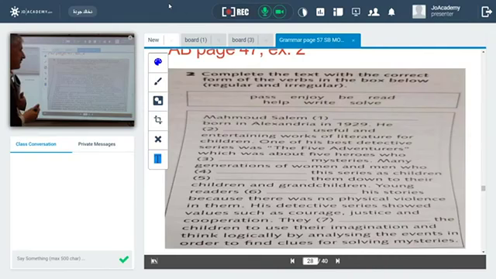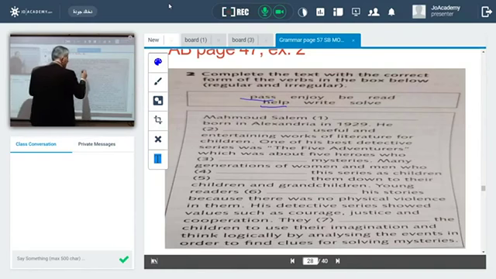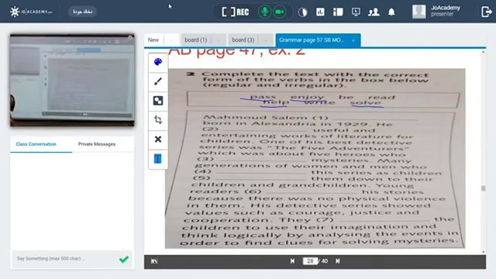Right. This is regular, this is regular, and this is regular, and this is regular. So we have 4 regular verbs and 3 irregular verbs. Okay, write and be and read, they are irregular verbs.